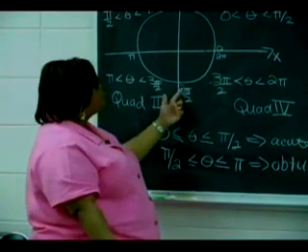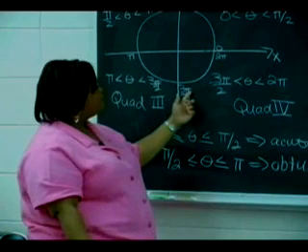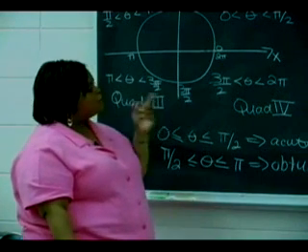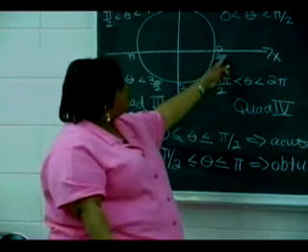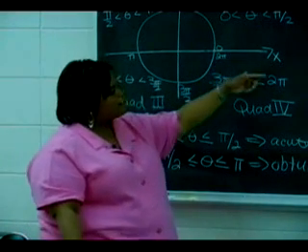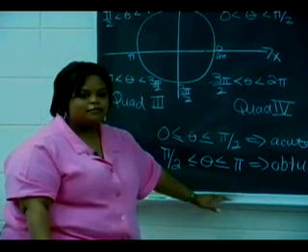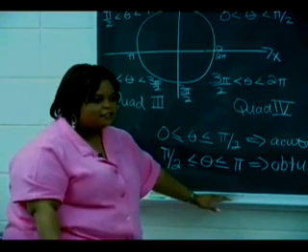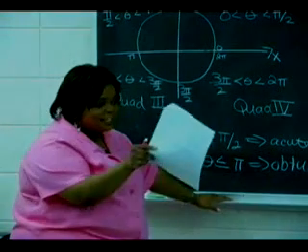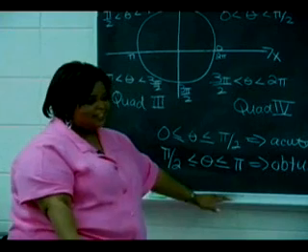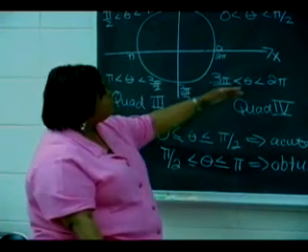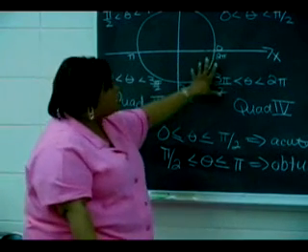I want to know 2 times that 3.14, is that greater than or less than this 6.02? It's less than, isn't it? So this 6.02 is somewhere in this quadrant.